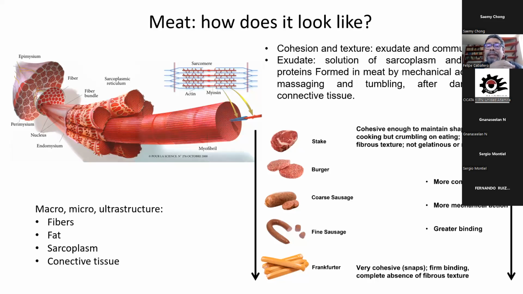The exudate is a solution of sarcoplasm and myofibril proteins. This is a natural thing that comes from the meat. This exudate is formed when the meat is processed by mechanical action, such as massaging and tumbling.